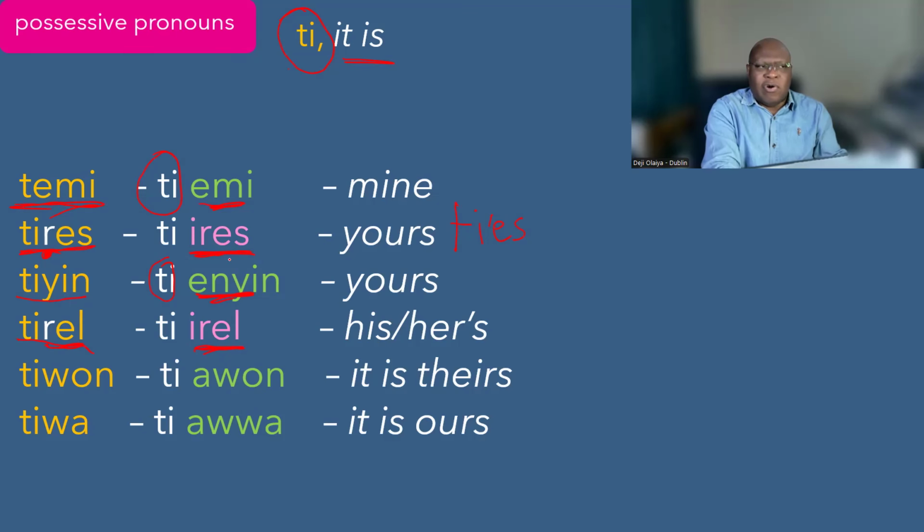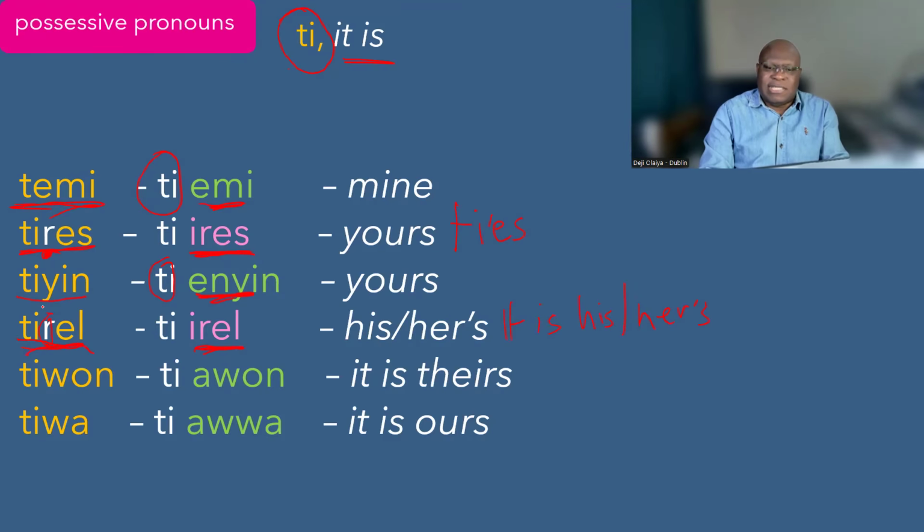You use ire for you. So tire, it is his or hers. So normally, I say again, you don't pronounce this R in the middle. So you normally will say tieni.